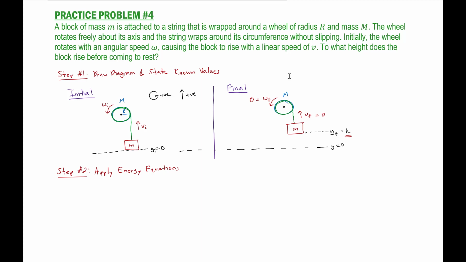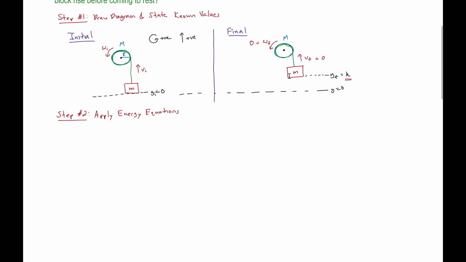The initial height is 0, and the final height is going to be h. So we can approach this like any other conservation of energy problem. We're going to look at the initial and final energies, knowing that they're going to be conserved. Because we want to figure out the height that the block reaches, we're going to have to look at gravitational potential energy. So we know the law of conservation of energy applies.